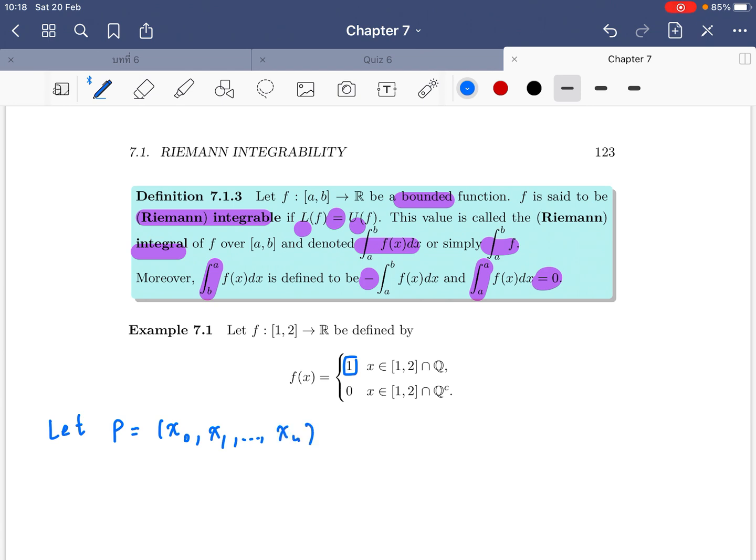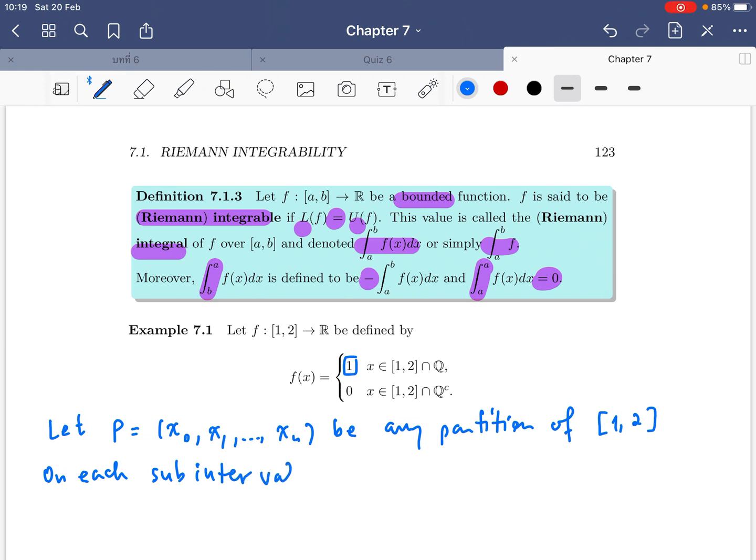We let P be any partition of this closed interval from 1 to 2, and on each subinterval, so let us talk about the subinterval from x_{i-1} to x_i. What is your m_i?